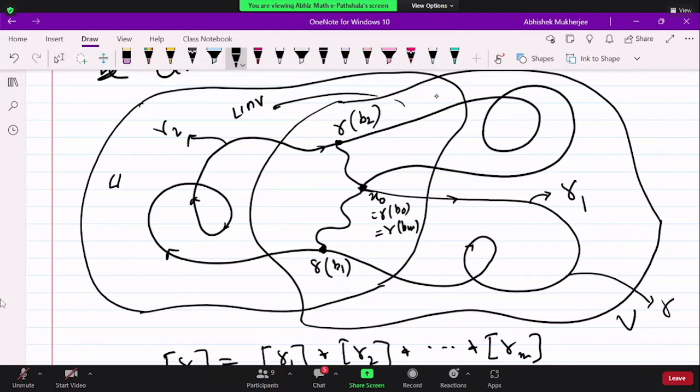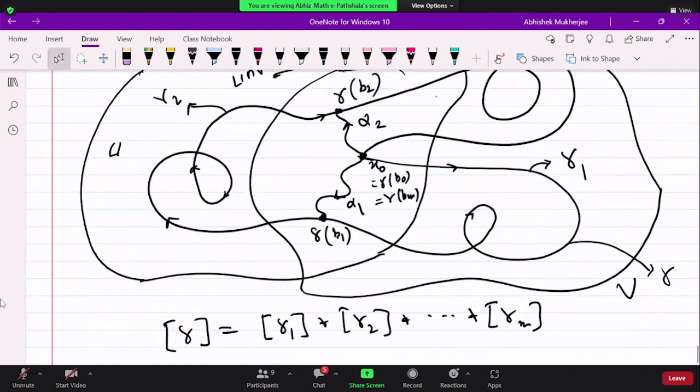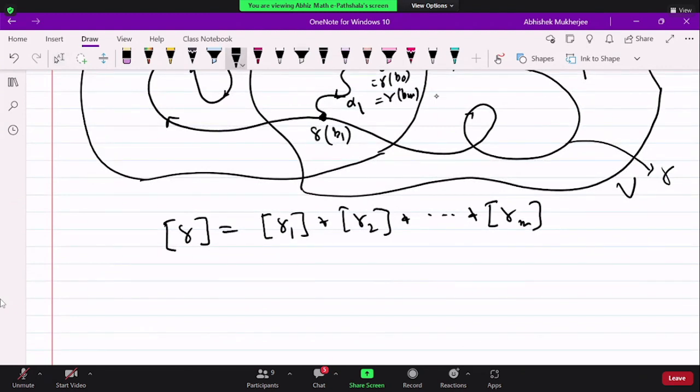Let us call them alpha 1, alpha 2. Using these paths, you are now going to define loops.